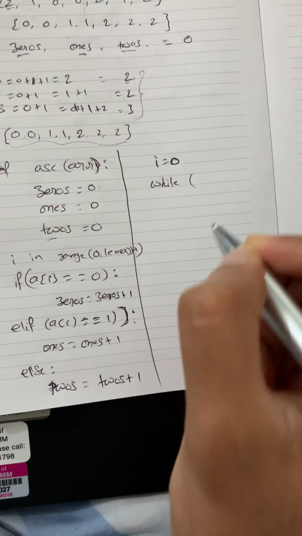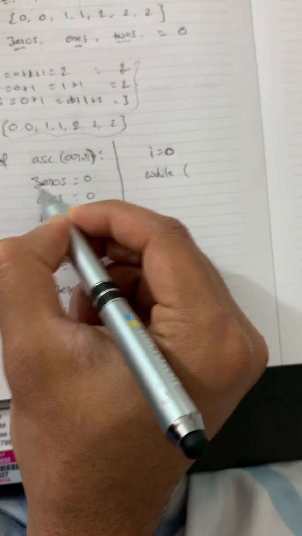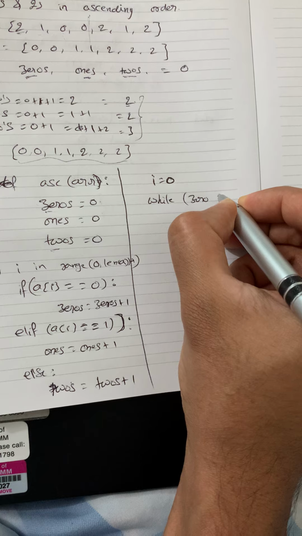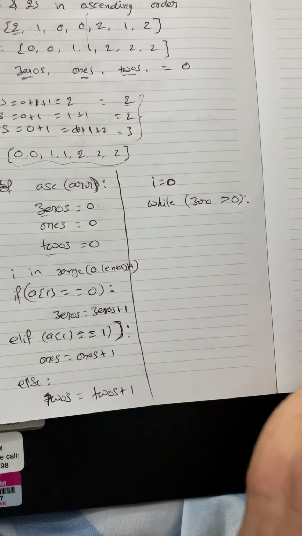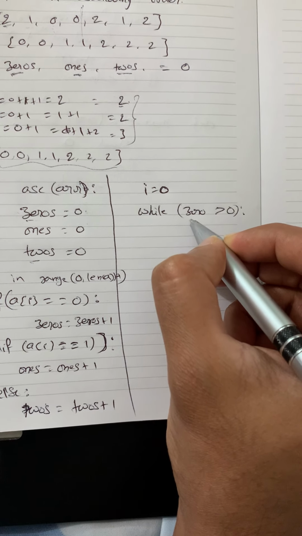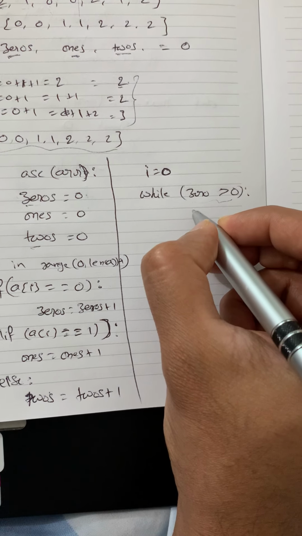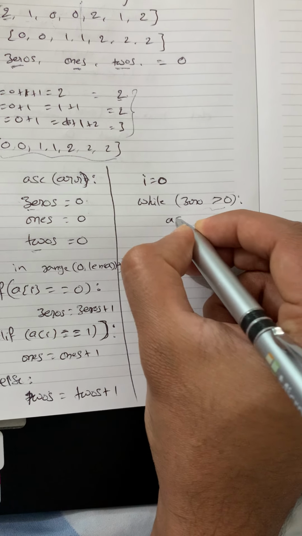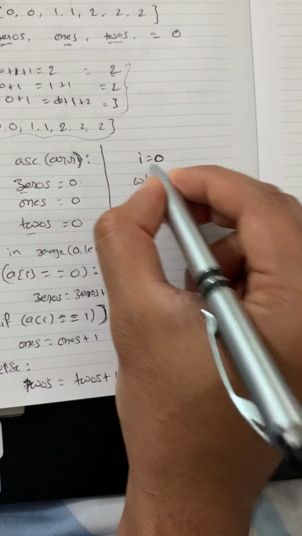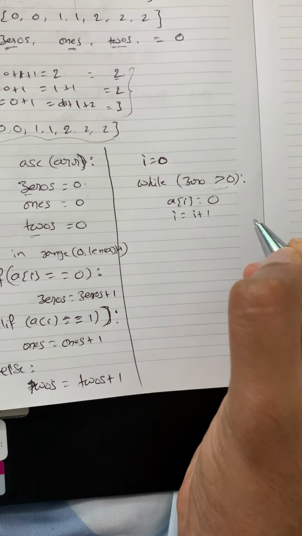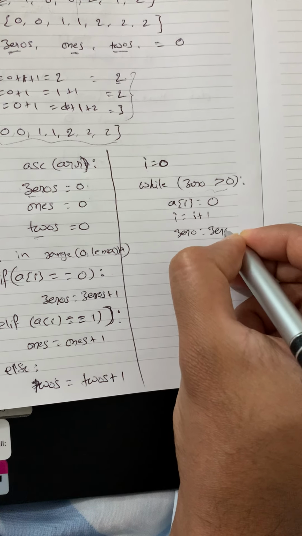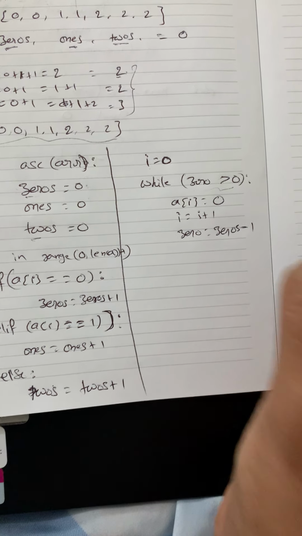While zeros is greater than 0, until then I will be setting a of i equal to 0, and then incrementing i equal to i plus 1, and also I have to decrement zeros: zeros minus 1.